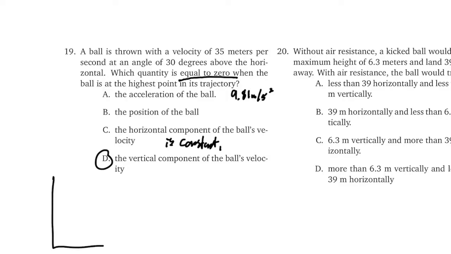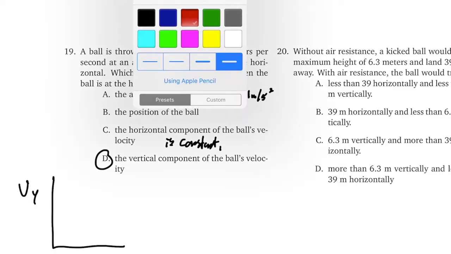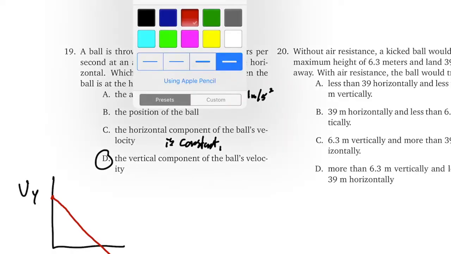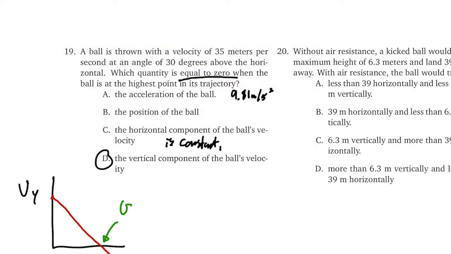It is the vertical component, Vy, that's going to start at some positive number and decrease, and right at this point is when Vy equals 0 meters per second. But the slope, which is the acceleration, is always negative 9.81 meters per second squared.